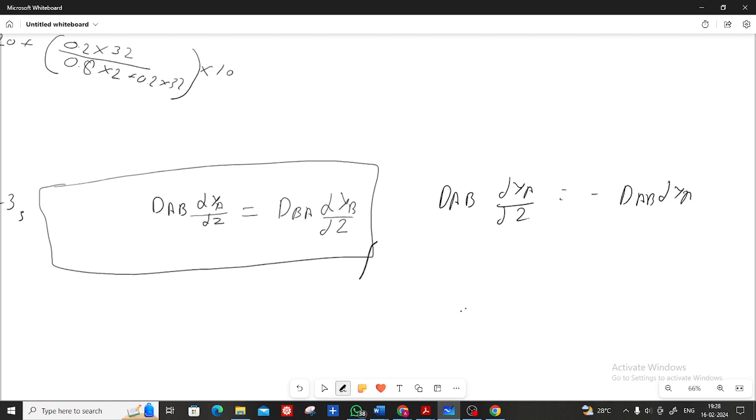Yeah, this is correct. But what information are you getting from this formula? Sir, here the distribution is not there, so we cannot use it. But we can use that formula, sir.